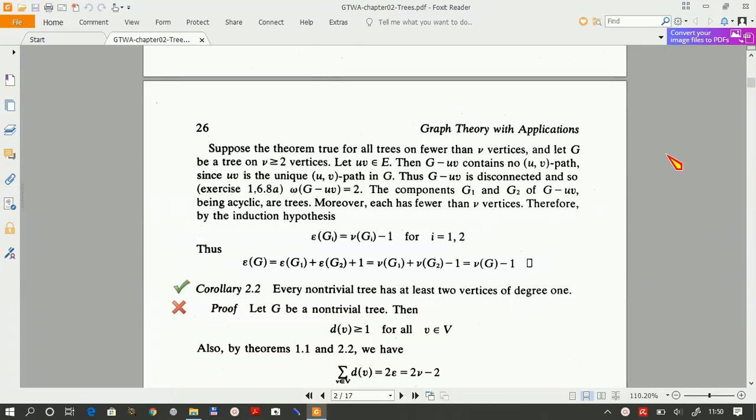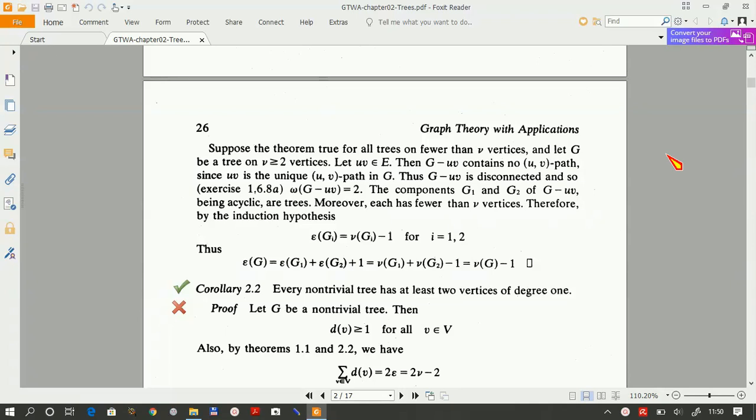So if you take away that edge, you have no uv path, and so the graph G minus this edge becomes disconnected. And as you can see from exercise 1.6.8a, when you take away just one edge, the increase in the number of components is just by 1. So out of one component of G, you get 2 components of G minus uv.